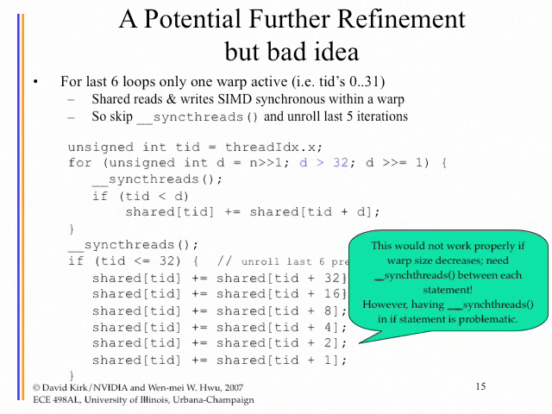Whenever I reach the point where I know there's only one warp left, I will just unroll the loop, because I know there will be several final iterations where my if-then-else will be wrong.